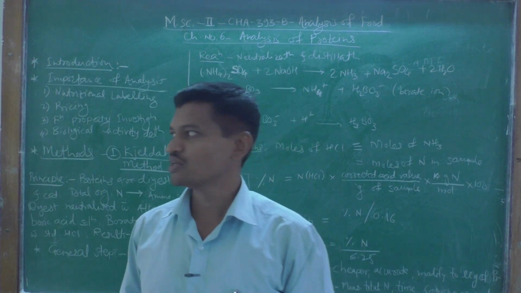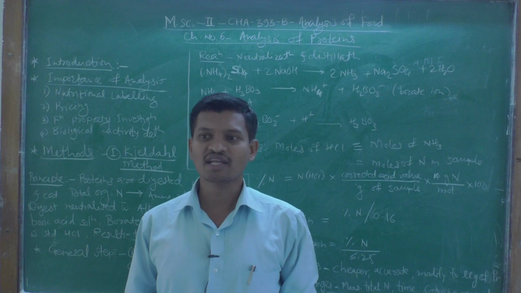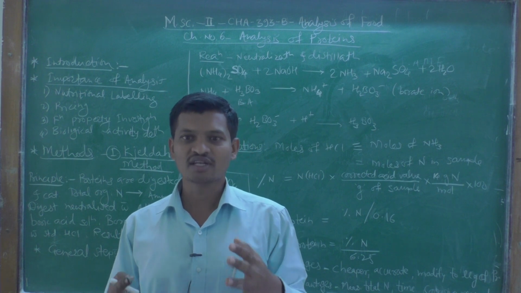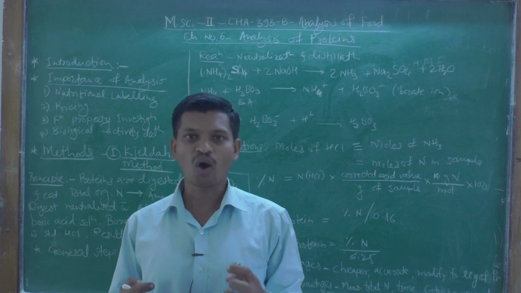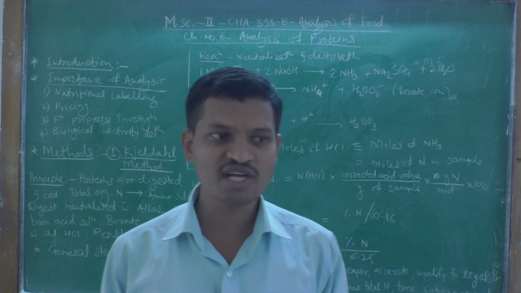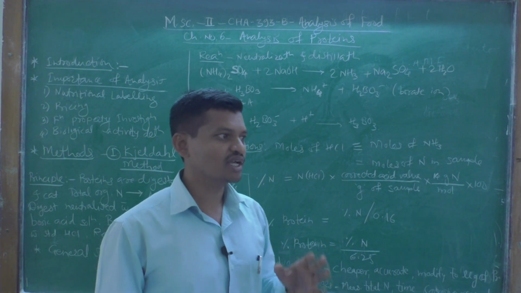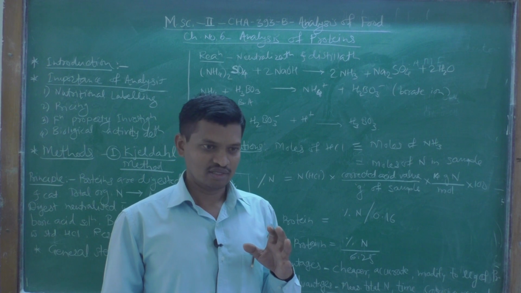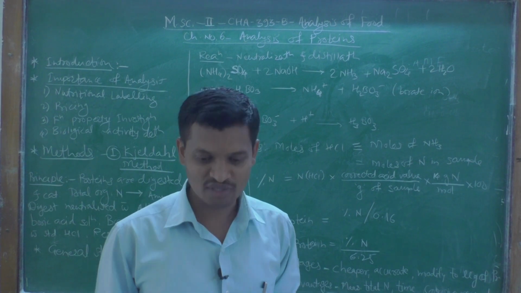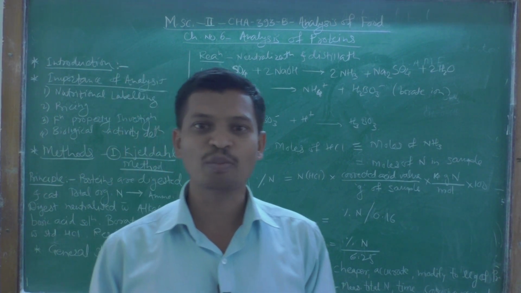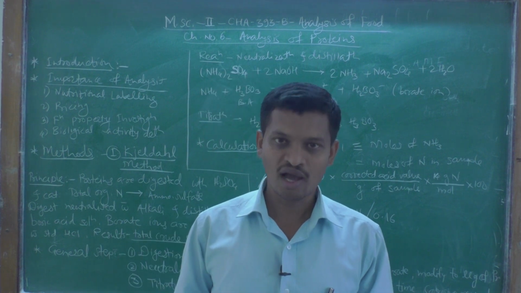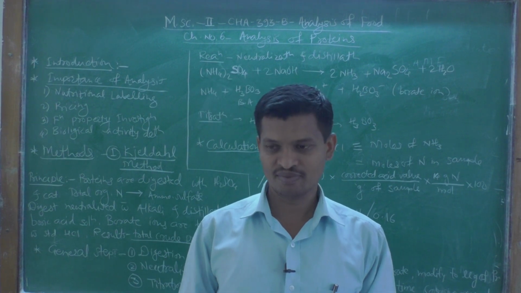So proteins are basically nothing but complex nitrogen containing organic compounds, which are made up of alpha amino acids.